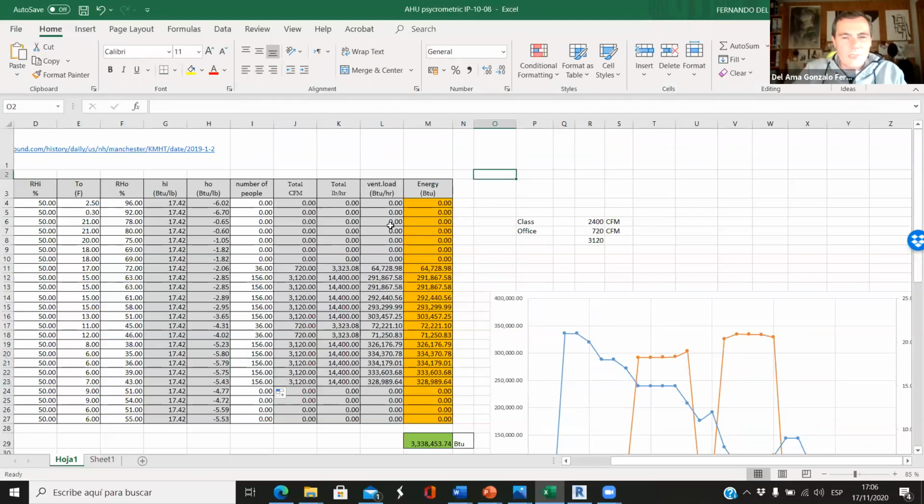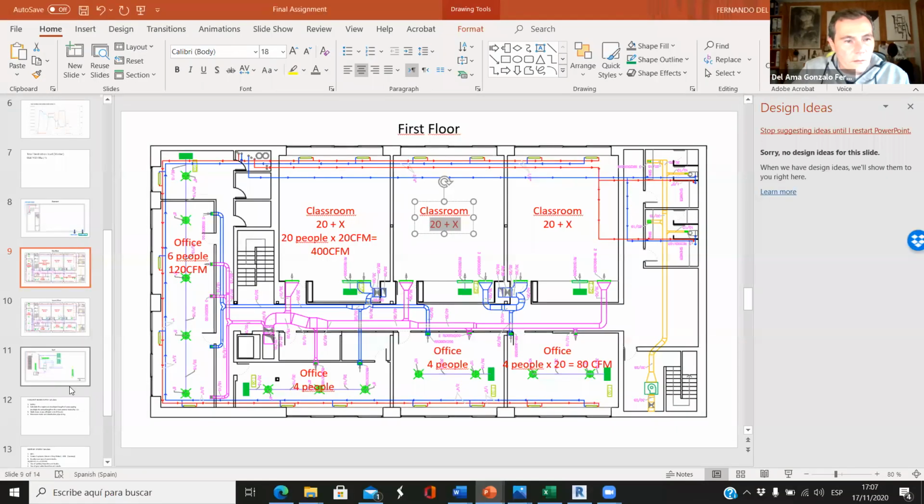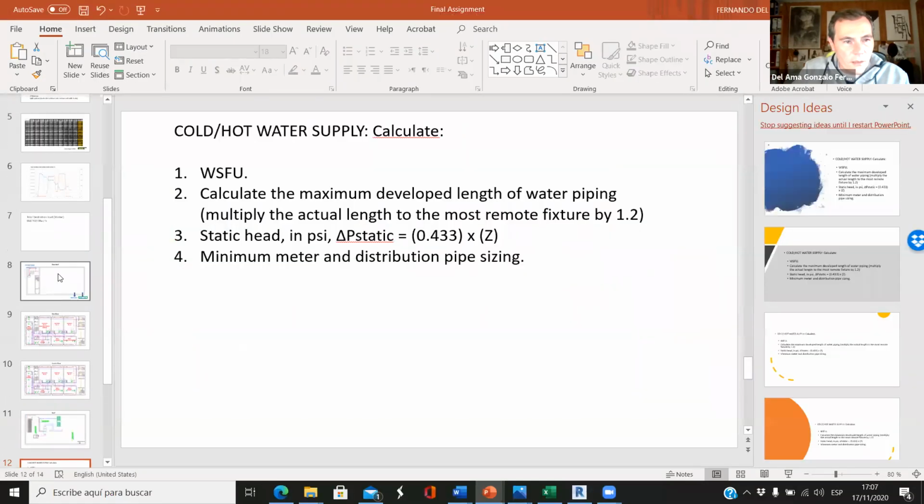Okay, thank you, Tyler and Erin, because this is right. I changed the CFM, but we have to change the number of people because we have this column here, so it's calculated. So now the maximum power has changed to 334,370.